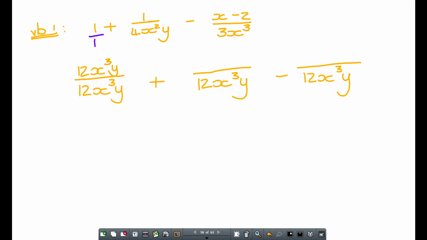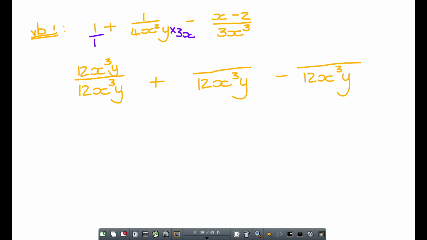Okay, let's look at term 2, that one. Ons begin gou met die getalle. 4, I would have to multiply with how much? Wag gou, 4 moet ek maal met hoeveel om tot by 12 te kom? 3. Okay, I already have x squared, so hoeveel moet ek nog bymaal om tot by x tot die mag 3 te kom? X. En sien jy klare uit? Nee.